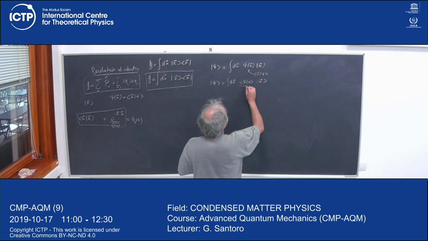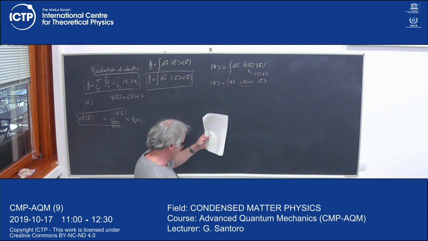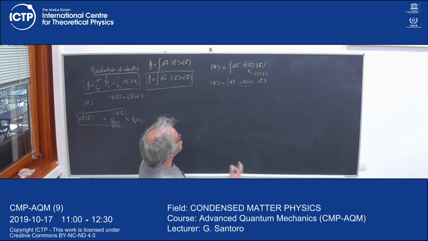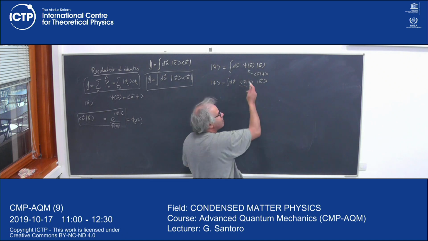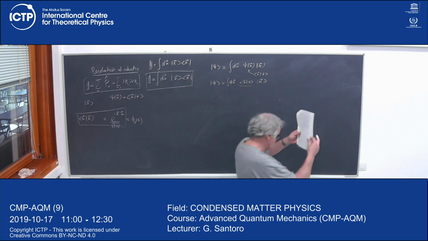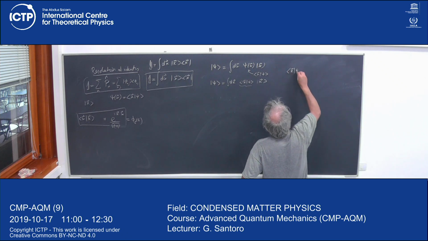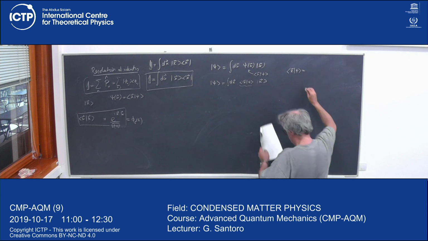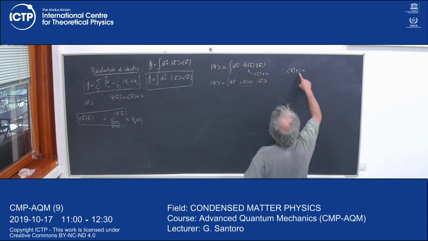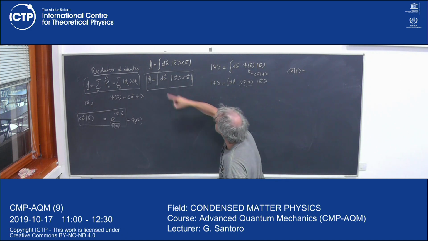So, this object somehow looks like a wave function in momentum space. Let's be a bit more explicit. Let's see what ⟨k|ψ⟩ is. Well, let me insert an identity of x.